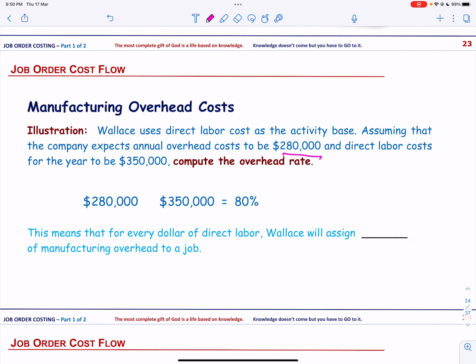The direct labor cost is 350,000. So we divide the overhead cost by the direct labor cost for the year, and that gives us 80%. This means that for every dollar of direct labor, Wallace will assign 80 cents of manufacturing overhead to a job.